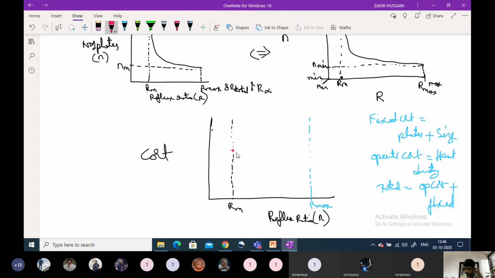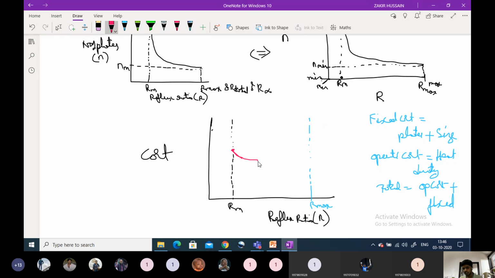The fixed cost will be high. Then the fixed cost will vary as you increase the reflux ratio. The fixed cost will go down because at maximum reflux ratio, the number of plates required will be very low. So because of the decreasing number of plates, the fixed cost will go down.